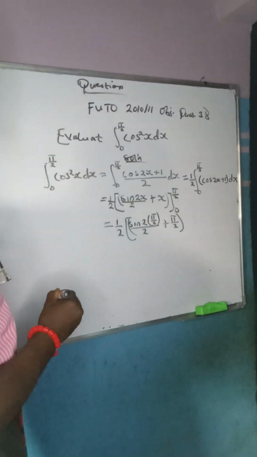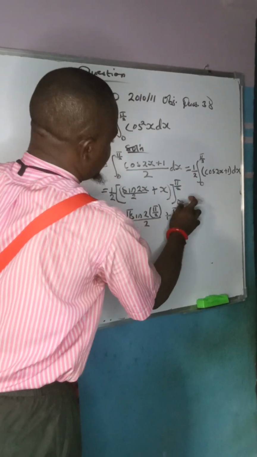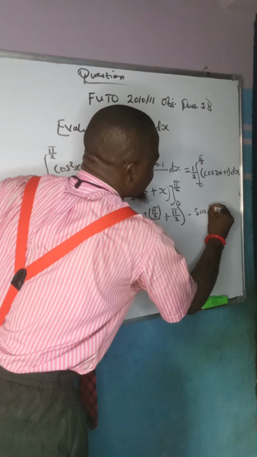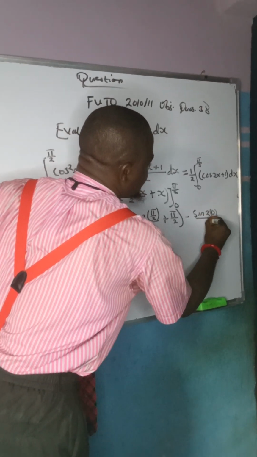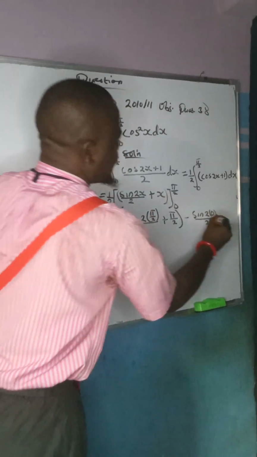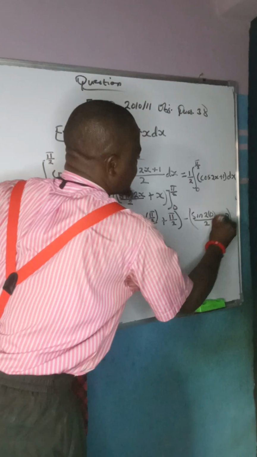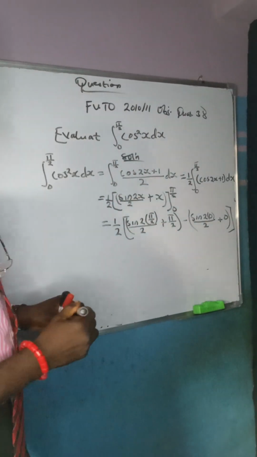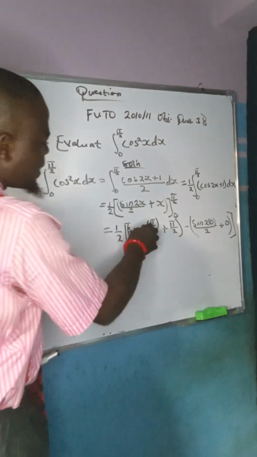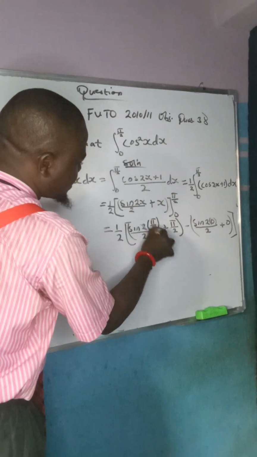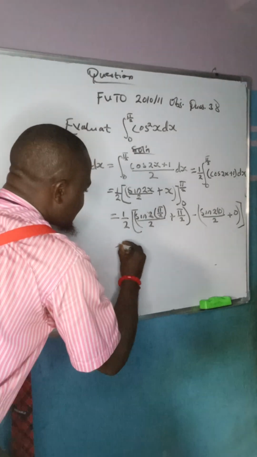This is the upper bound, minus sine 2 times 0, over 2, plus 0. Good. Can you see the beauty of it? So now pi over 2, remember this 2 here can go with this 2. So I'll now be left with pi.